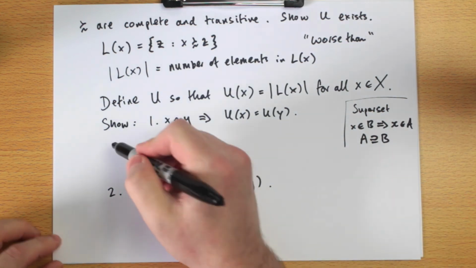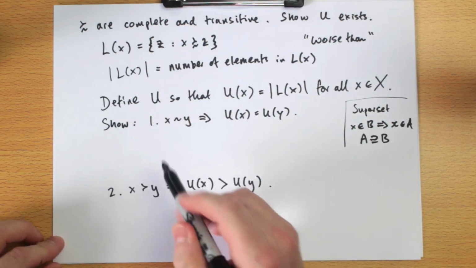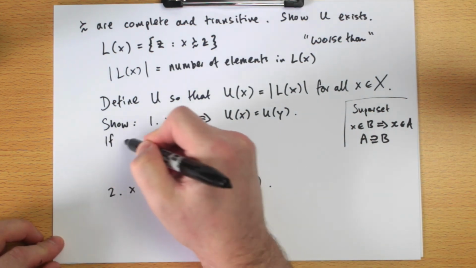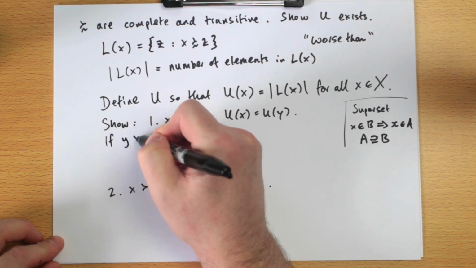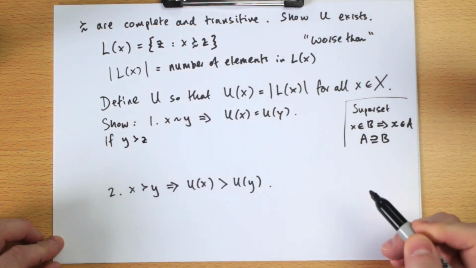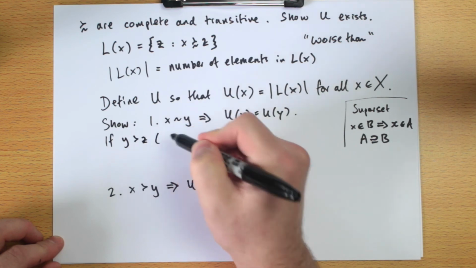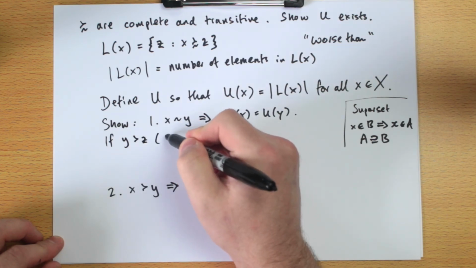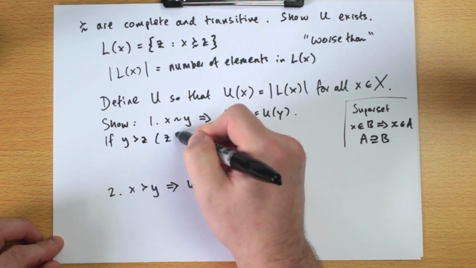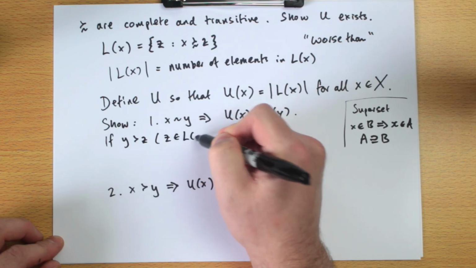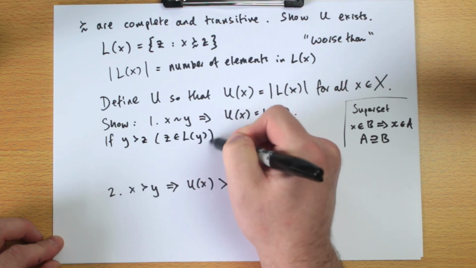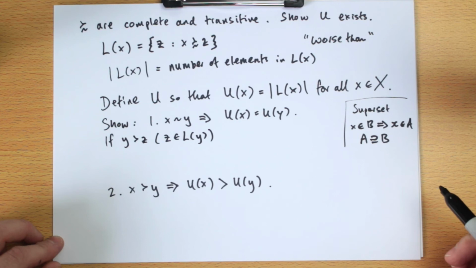Okay, so let's prove this. Let's say y is better than some other outcome z. What does that mean? It means that z belongs to Ly, the lower preference set of y.